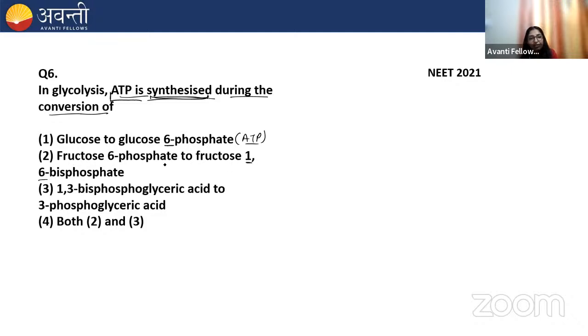Fructose 6-phosphate already has a phosphate group at the 6th position, but now a phosphate is also added at the 1 position, so it becomes fructose 1,6-bisphosphate. So in this process, ATP is utilized.